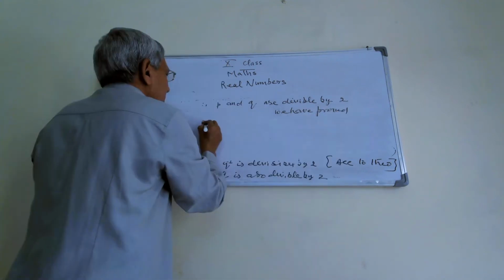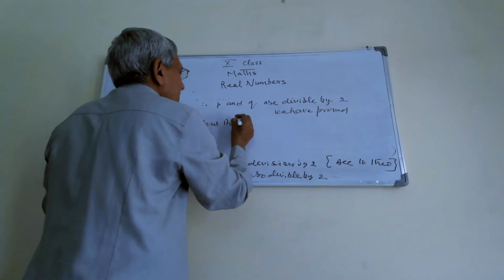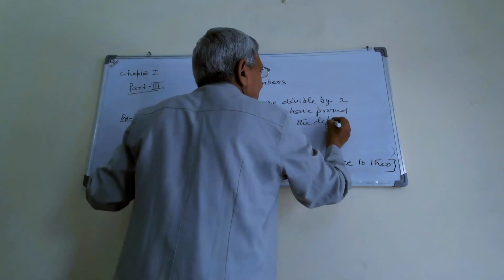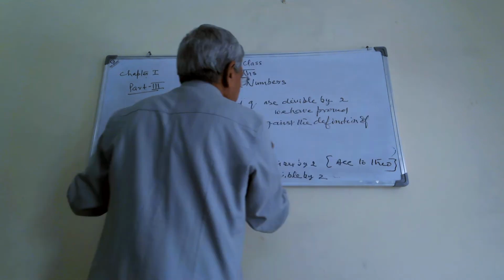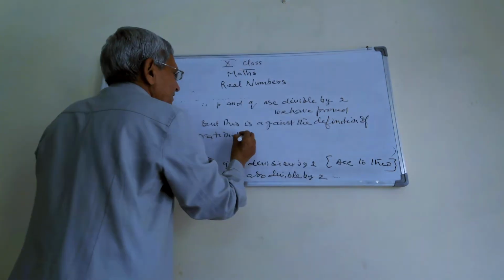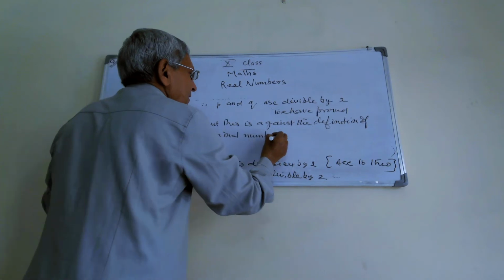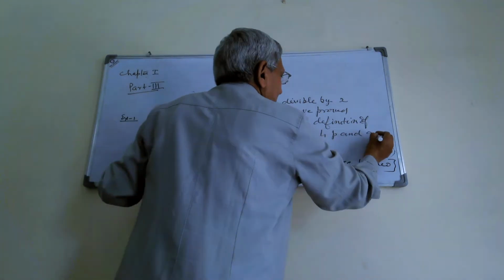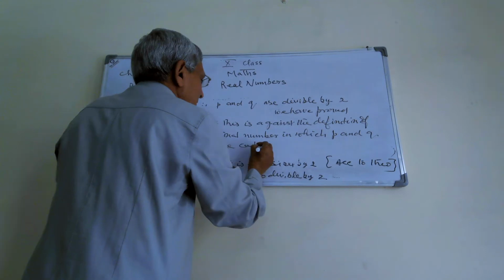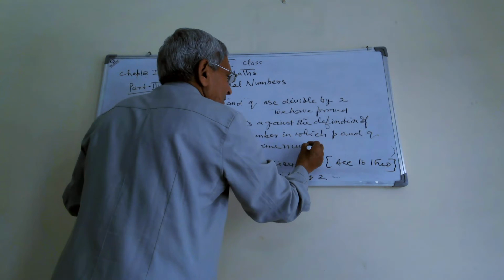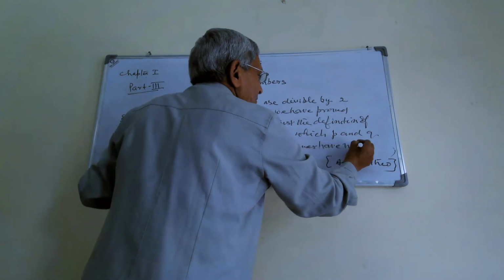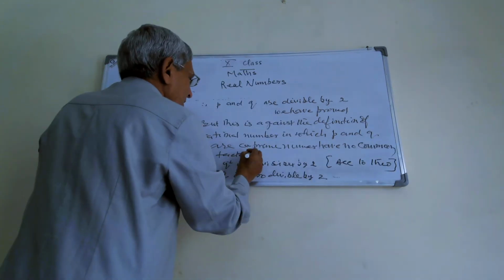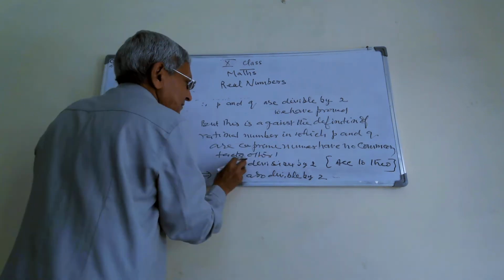But this is against the definition of rational number, in which P and Q are co-prime numbers and have no common factor other than 1.